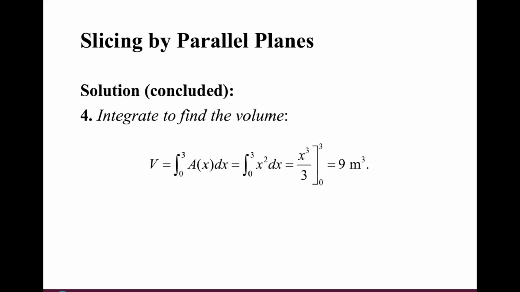I thought this one was simple enough. It's just the integral from 0 to 3 of x squared dx by what I call the backwards power rule. The antiderivative for x squared is x cubed over 3. So we plug in 3, plug in 0, and subtract, and we get that the volume of the pyramid is 9 cubic meters.